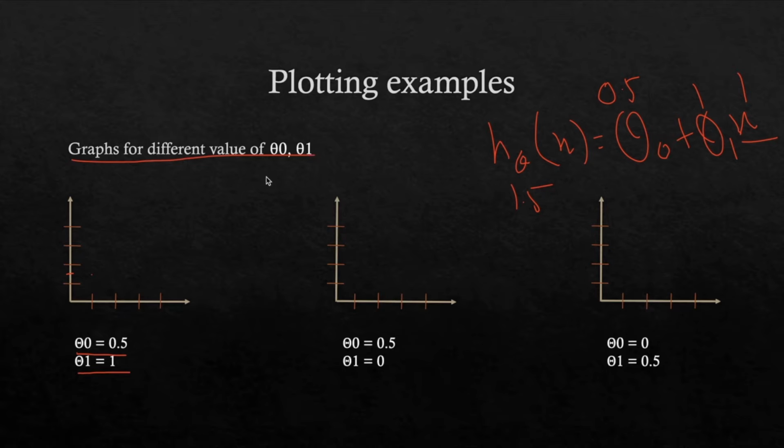This is the graph for different values of theta 0 and theta 1. When we plot, it will be a gradually straight line like this, passing through the point 0.5. If x equals 0, then the output will be only 0.5.